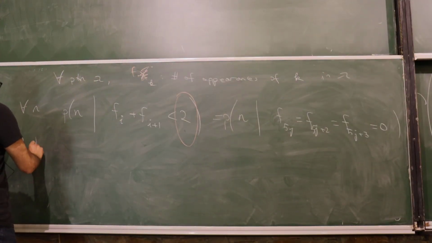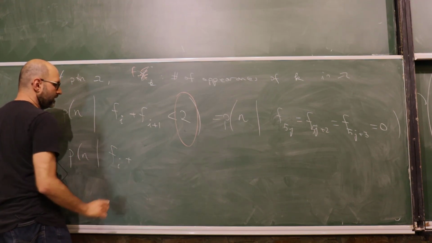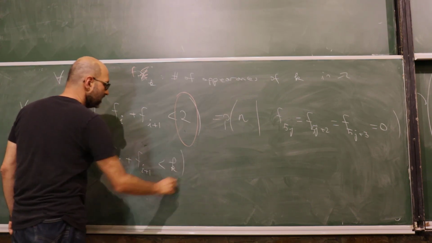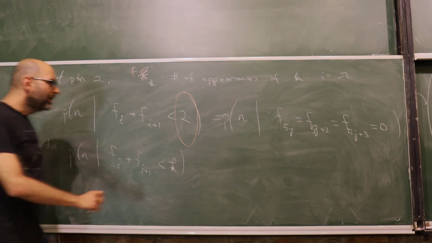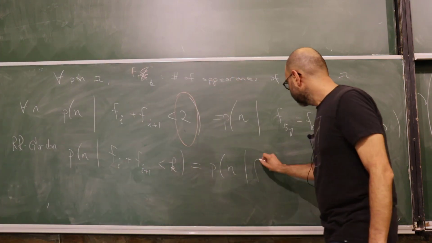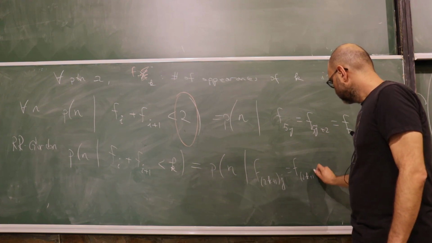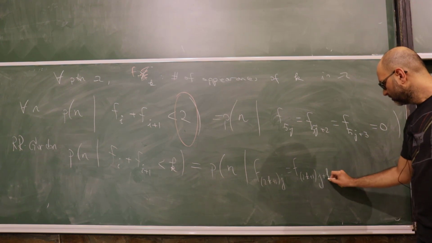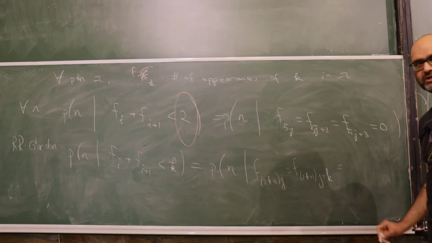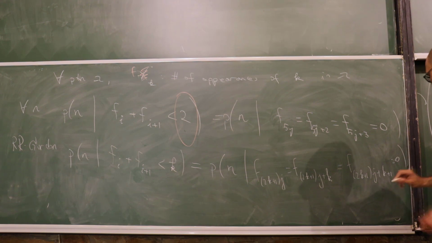So the Rogers-Ramanujan-Gordon theorem asserts that the number of partitions into parts satisfying the combined frequencies of consecutive parts for any consecutive pair is strictly less than k, where k is greater than or equal to 2, equals the number of partitions of n into parts which are not congruent to 0, k, or k plus 1 modulo 2k plus 1.